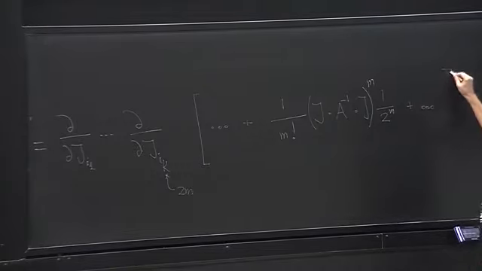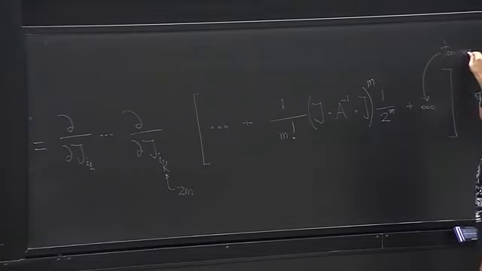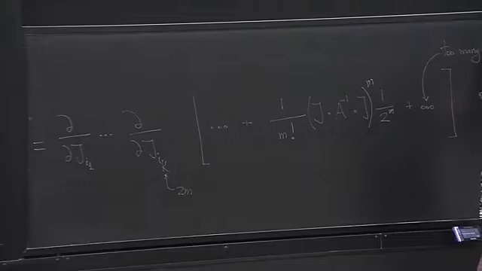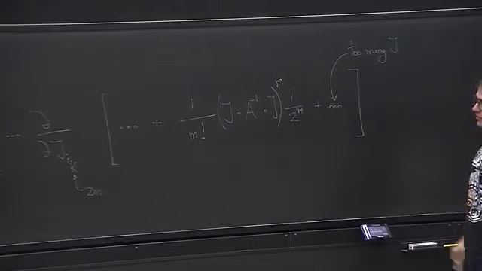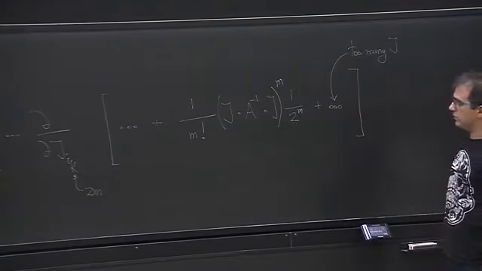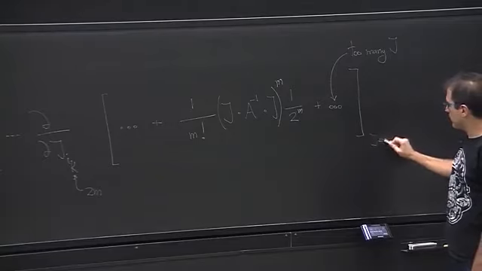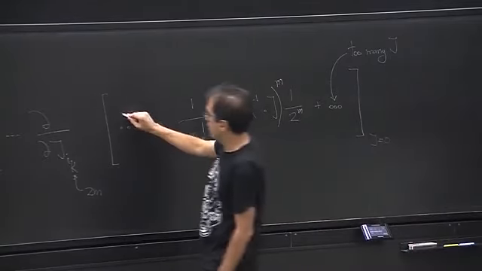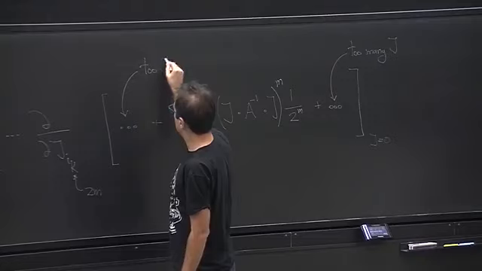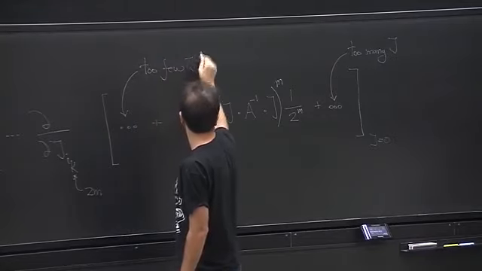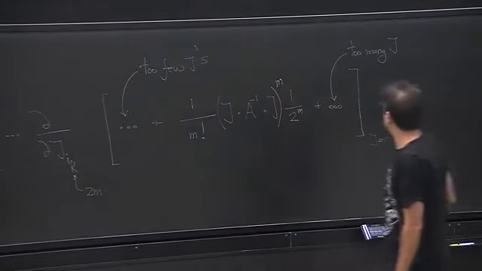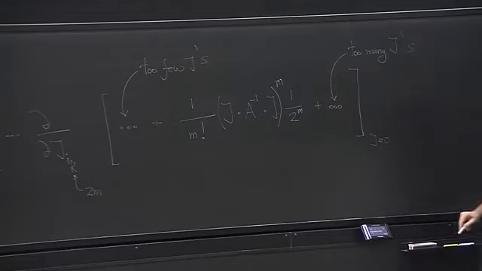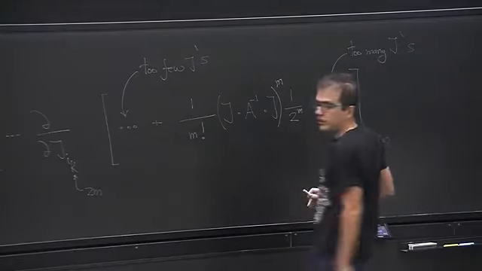So these are higher powers. These guys have too many j's, so after taking derivatives and setting j to 0, I get 0. And these guys have too few powers, and therefore when I take k derivatives, I get 0. And therefore, all I have to do is take derivatives of this term.